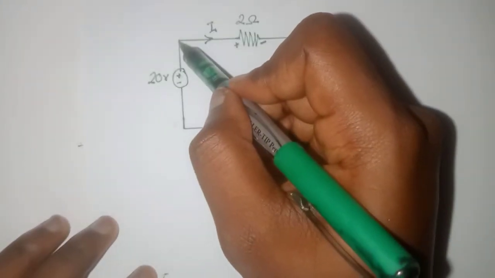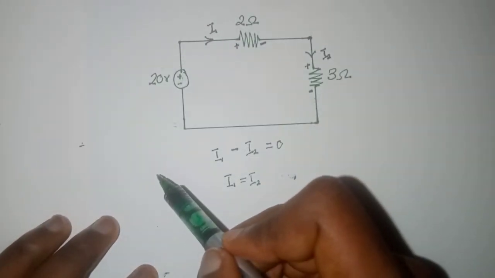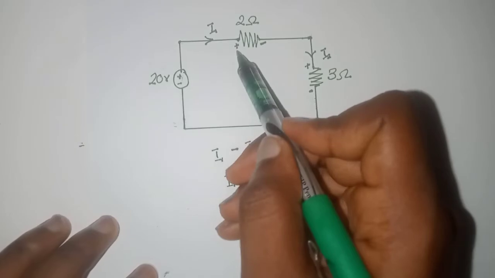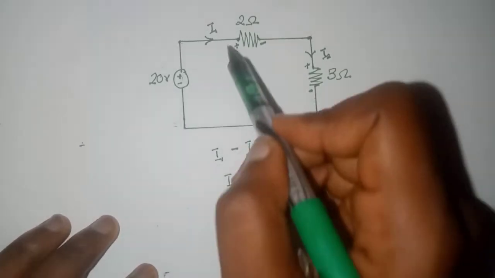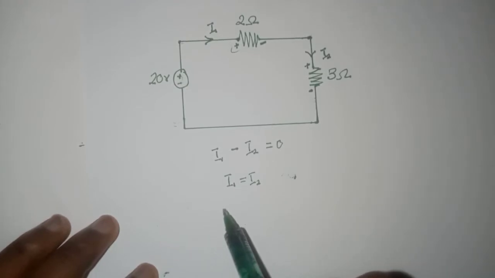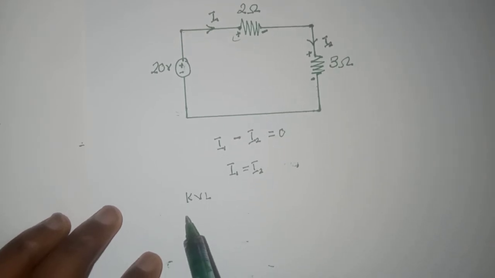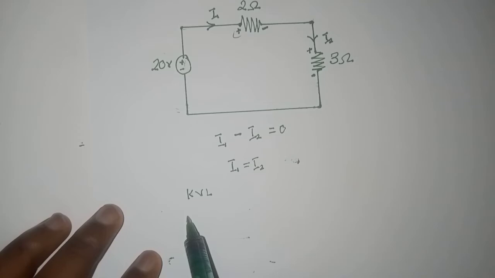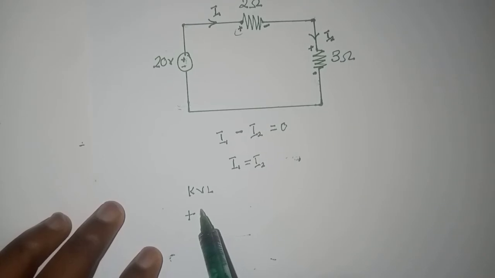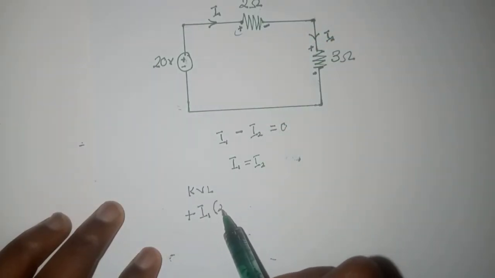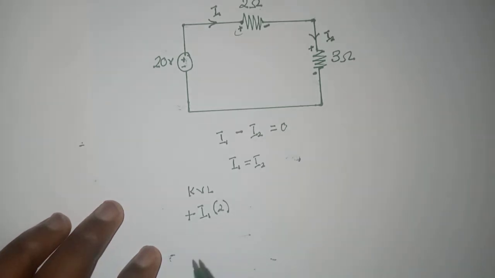Say we start from here, then you move along the branch, you hit this resistor first, then you look at the polarity, and the polarity is positive, so you write the KVL as positive, which is the polarity that you hit first, then the current I1, then the resistor 2, that's the voltage drop across the resistor.